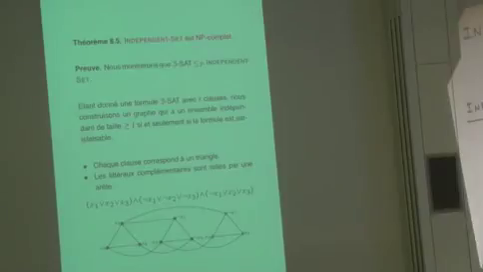For example, here you see x1, x2, x3: these are 1 clause, the blue nodes, and these are the green nodes. Every literal in every clause contributes 1 node to the graph, so the number of nodes is 3 times m, where m is the number of clauses.